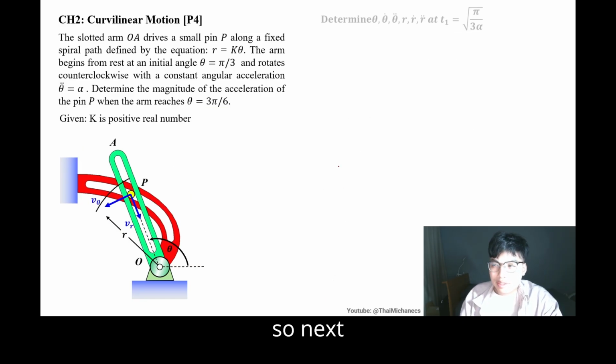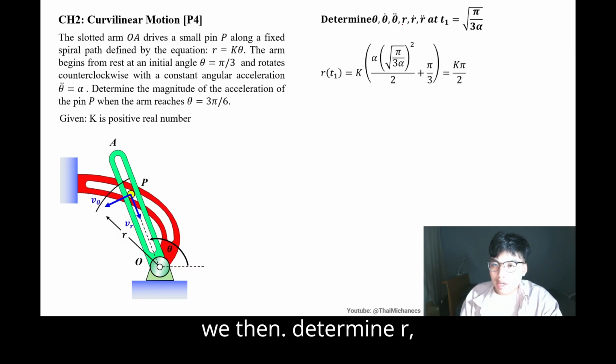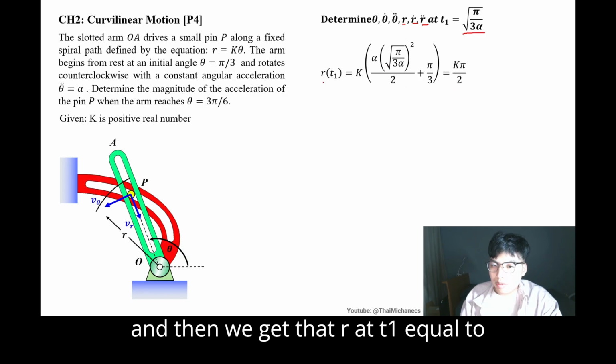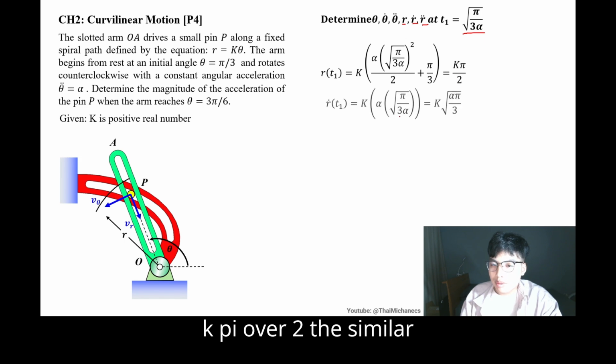Next, we determine r dot and r double dot. Substituting t equal to this value into r, we get r at t1 equal to k pi over 2. Similarly for r dot and r double dot.